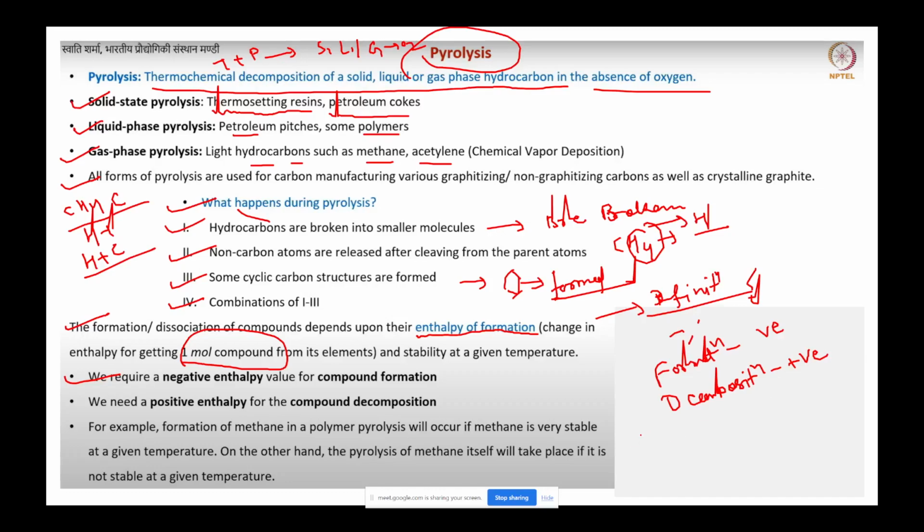For example, formation of methane in a polymer pyrolysis will occur if methane is very stable at a given temperature. On the other hand, pyrolysis of methane itself will take place if it is not stable at a given temperature. So the main thing here is compound formation and compound dissociation.